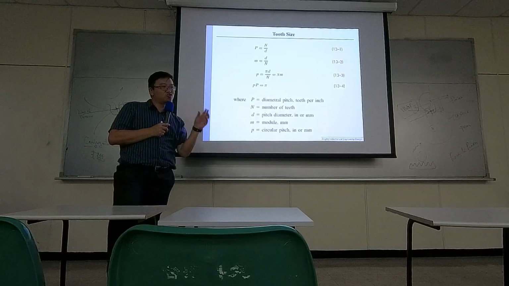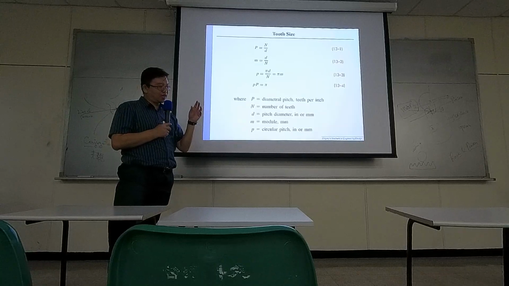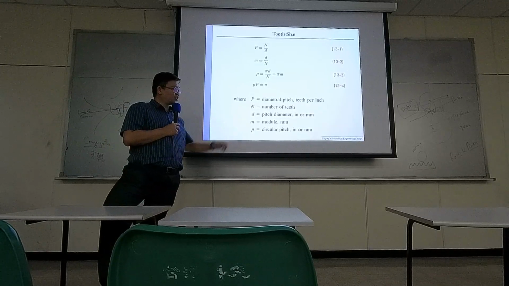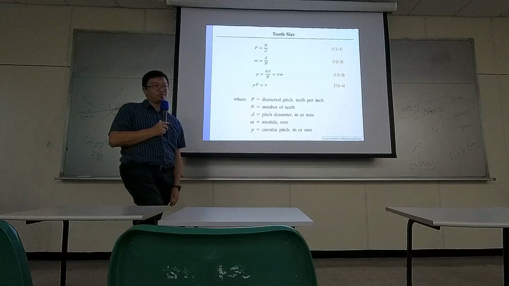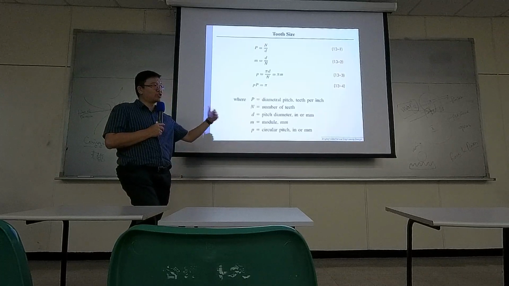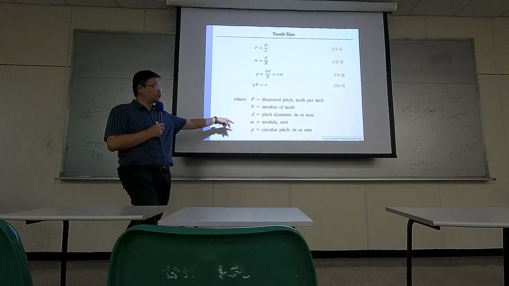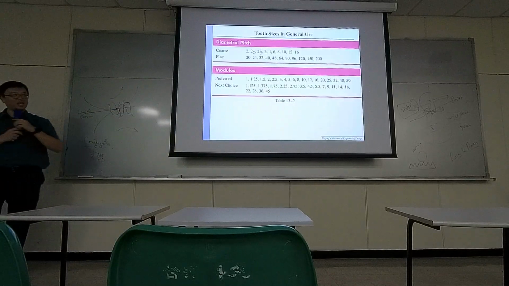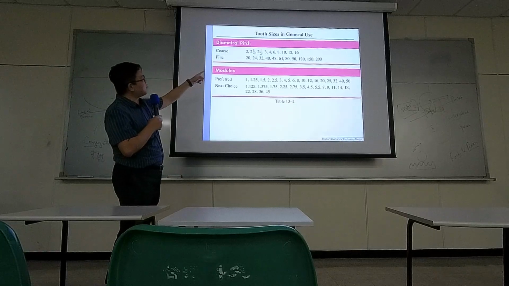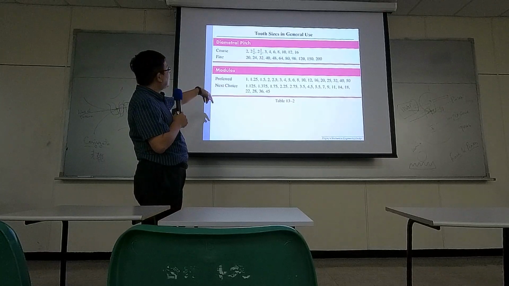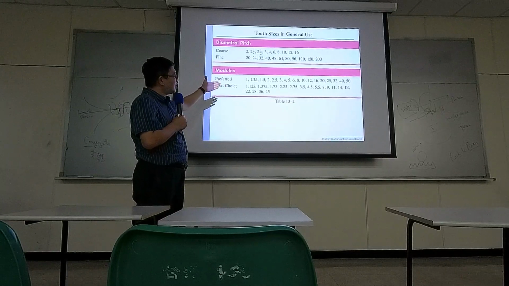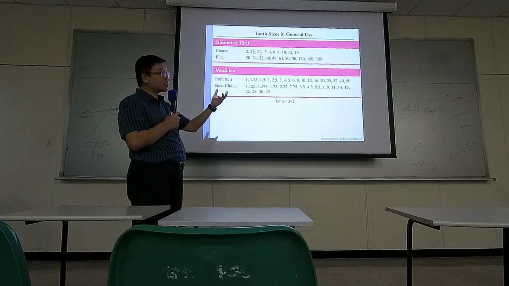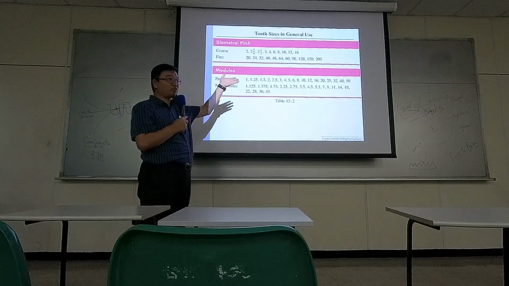And the tool of the teeth cutter is designed in certain modules. So traditionally you have to follow certain numbers of modules like these. They give you certain numbers. Why do they define modules in those specific numbers? Because they only have tools for those.